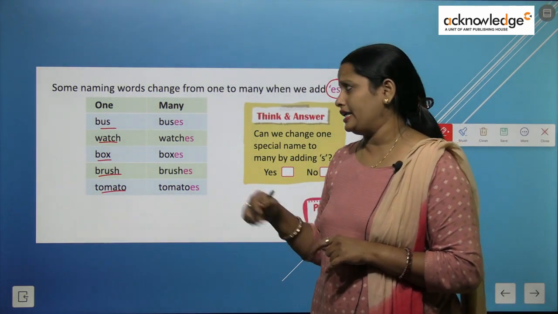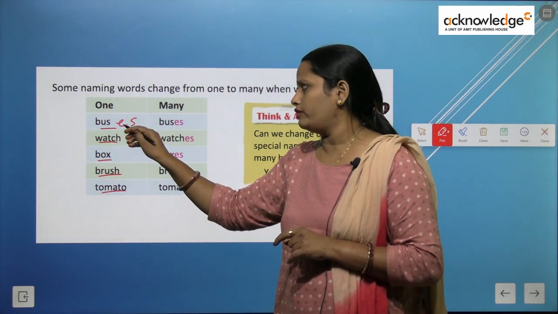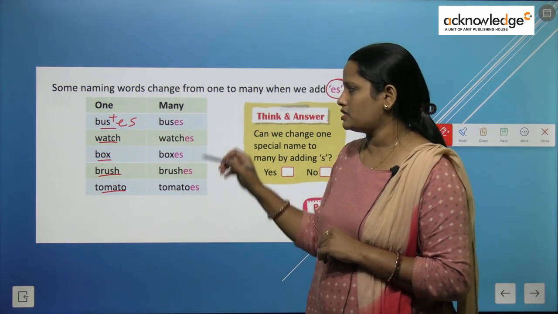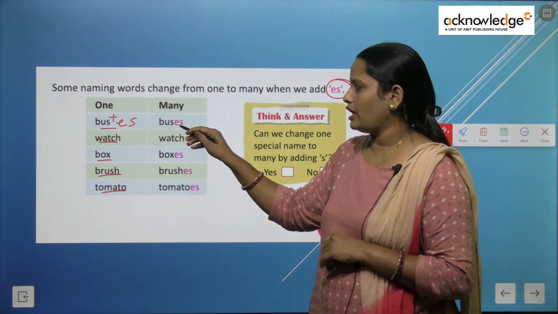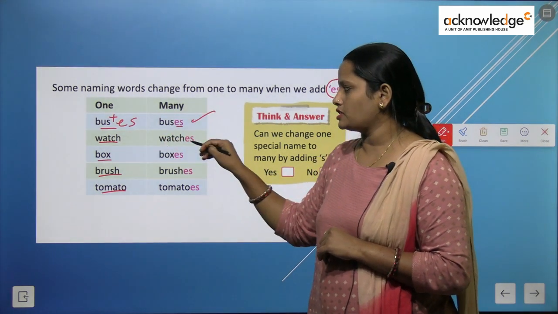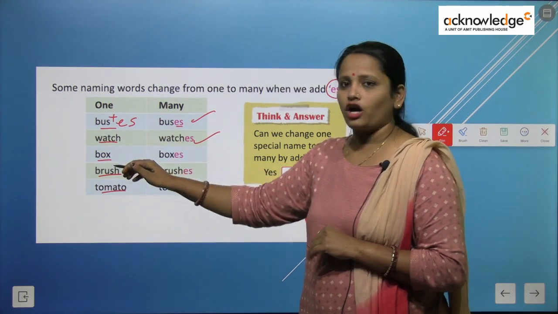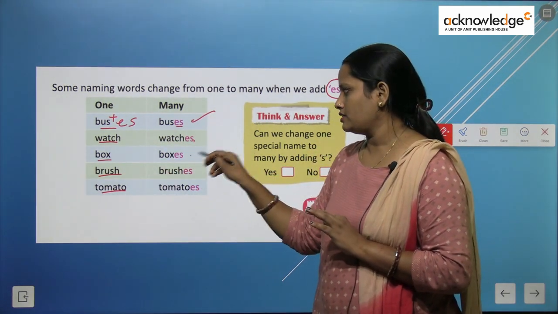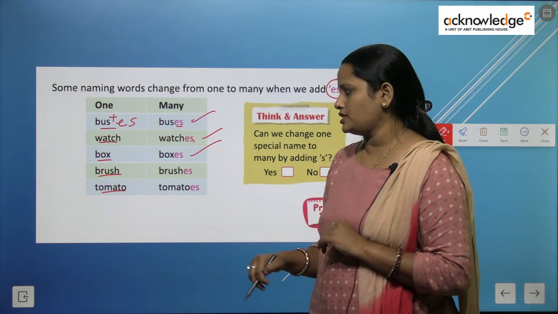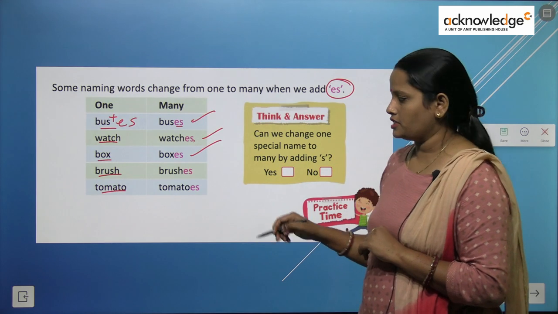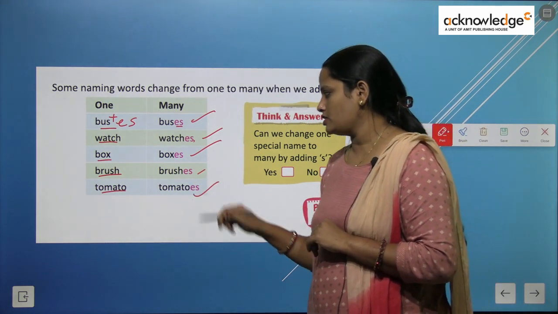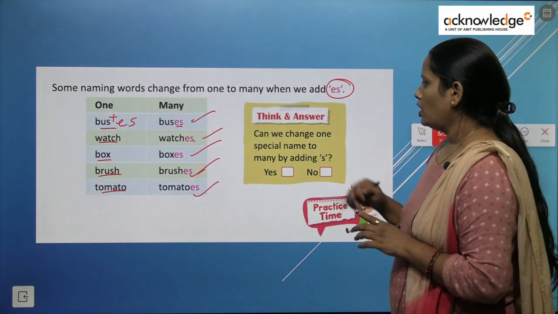When we add ES to all of these, what does it become? Bus, and we have added ES, buses. Watch becomes watches. Box becomes boxes. Brush becomes brushes. And tomato becomes tomatoes.